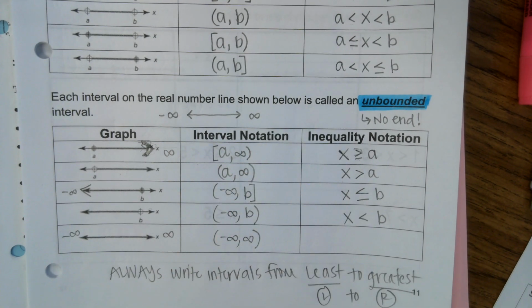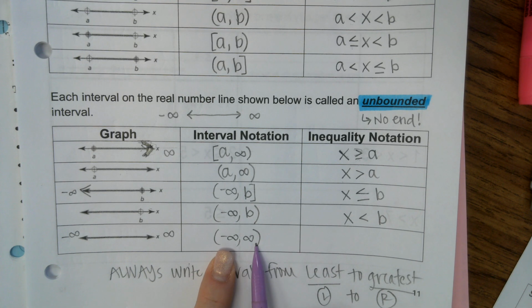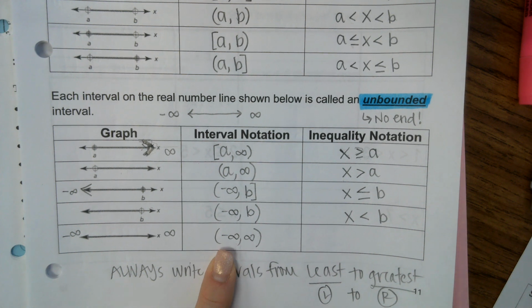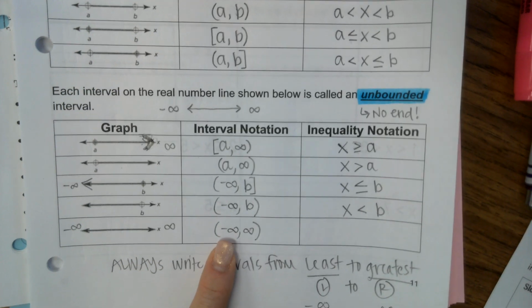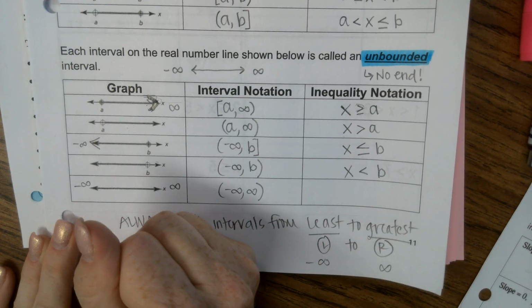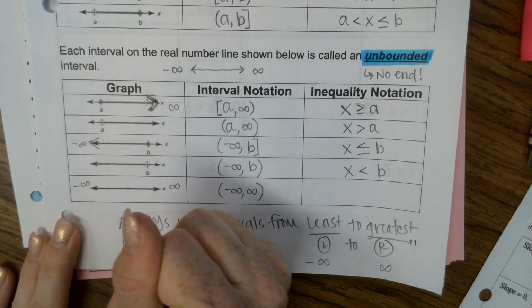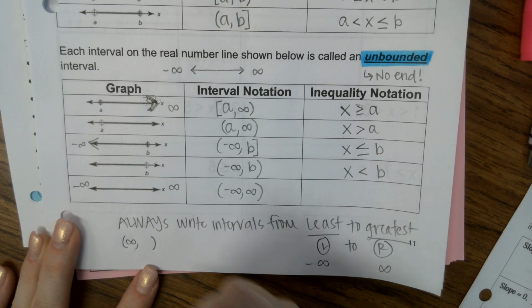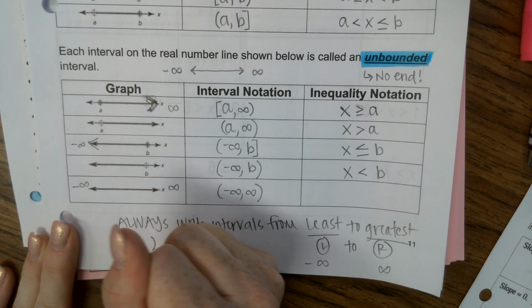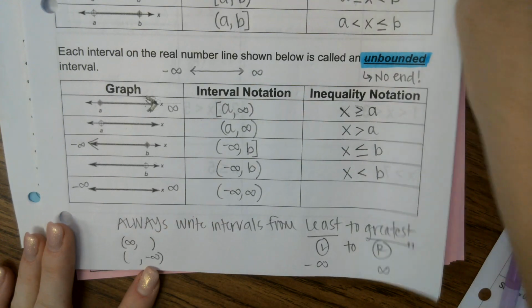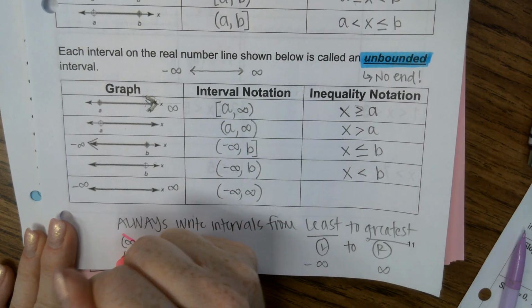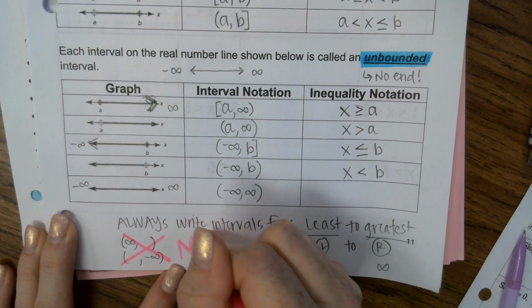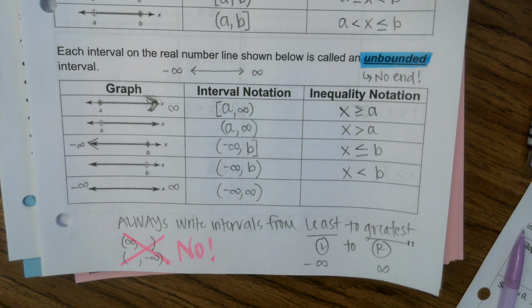Infinities never ever have brackets, and we must write these from least to greatest, okay? Can I make a point to say right here, you will never have a positive infinity on the right-hand side, and you will never have a negative infinity on the right-hand side. These are big no-nos.